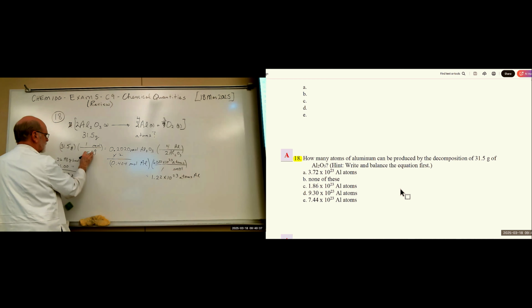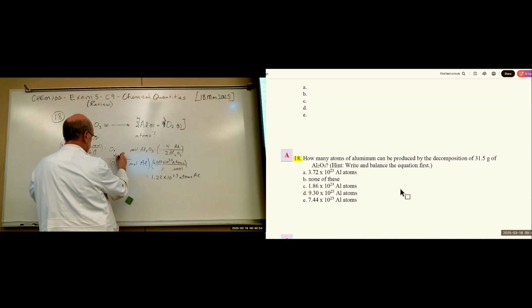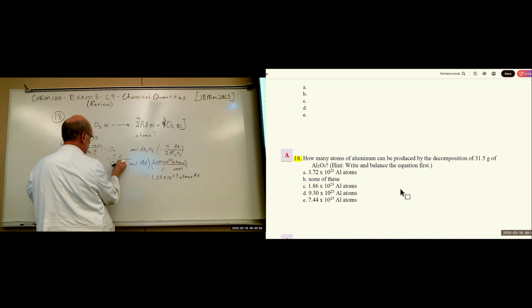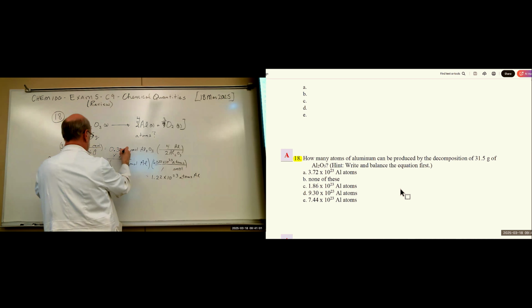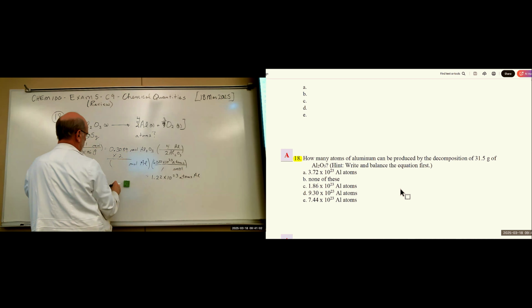1.0196 divided into 31.5 is, that's still 2, is 0.3089. So 2 times that is 0.618.